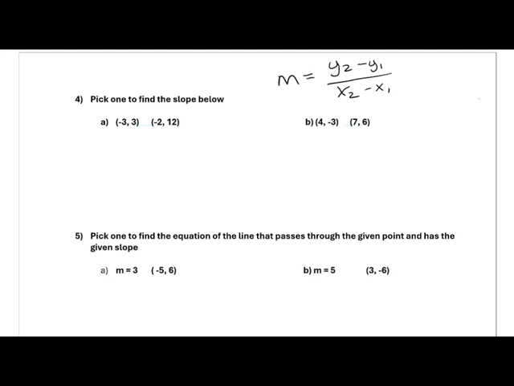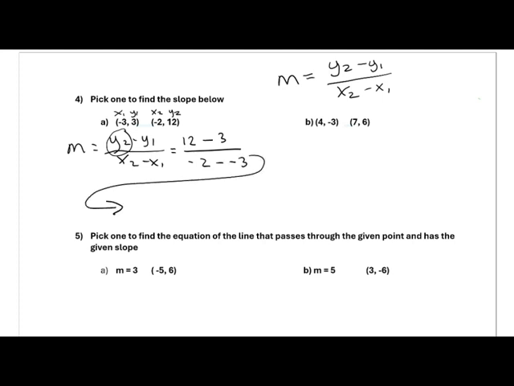Okay, so I should label these x1, y1, x2, y2, and then just plug it into the equation. All you need to do is follow that equation. So y2 I labeled as 12, so 12 minus y1 is 3, over x2 is negative 2 minus x1, which is negative 3.